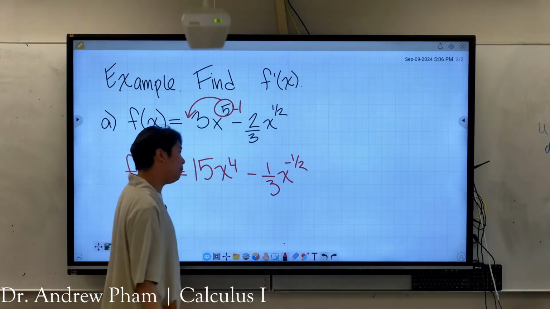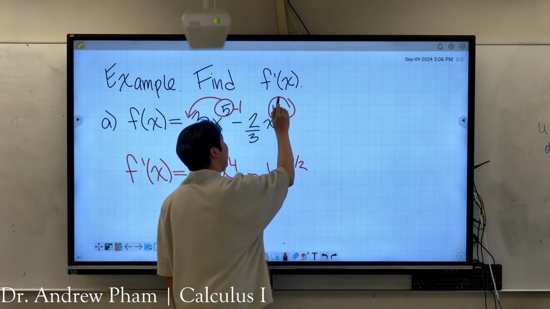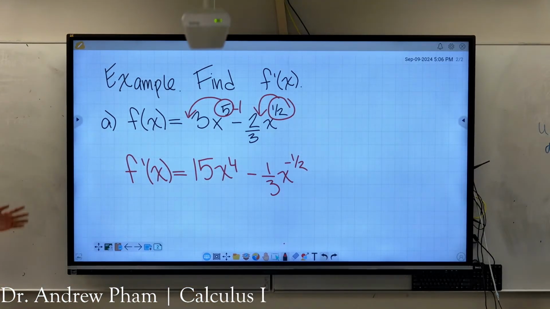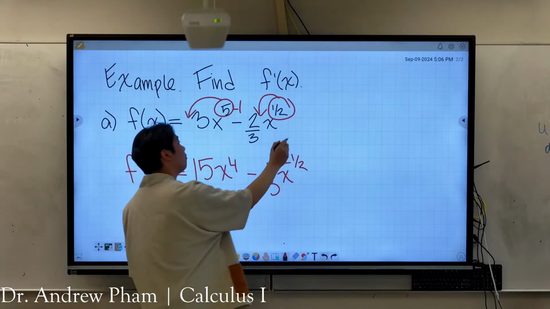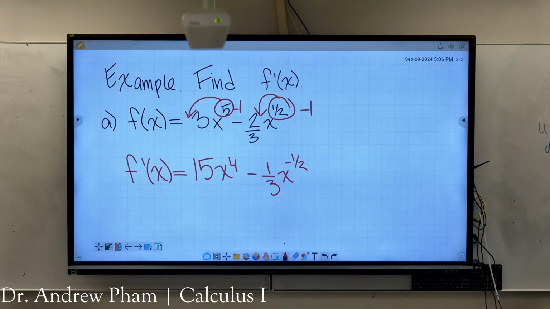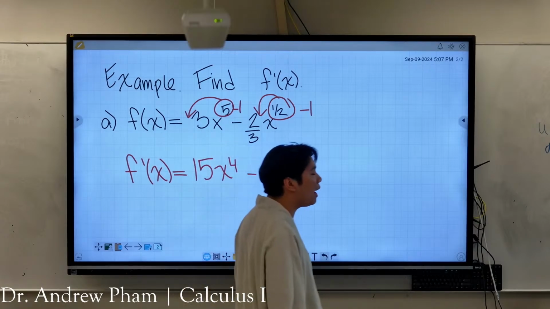And I essentially do the same thing here on the other side. I bring down the 1 half. Negative 2/3 times 1 half, we get negative 1/3. And then 1 half minus 1, we get negative 1 half. So once again, I just have my derivative via applying the power rule.